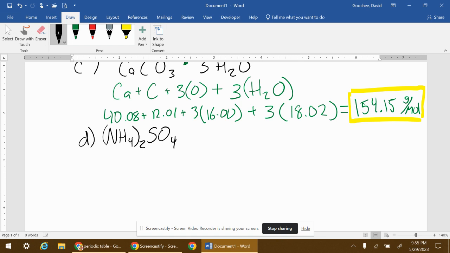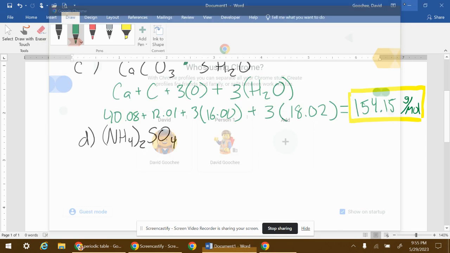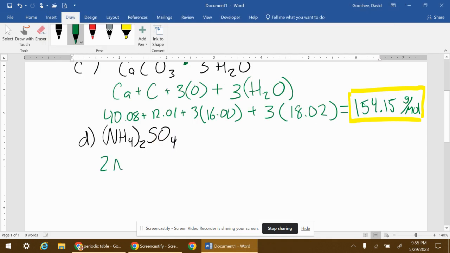So you don't have one nitrogen, you've got two nitrogens. And you don't have four hydrogens, you have 8 hydrogens because it's two of these things. So 2 times 4 is 8, plus a sulfur, plus 4 oxygen.